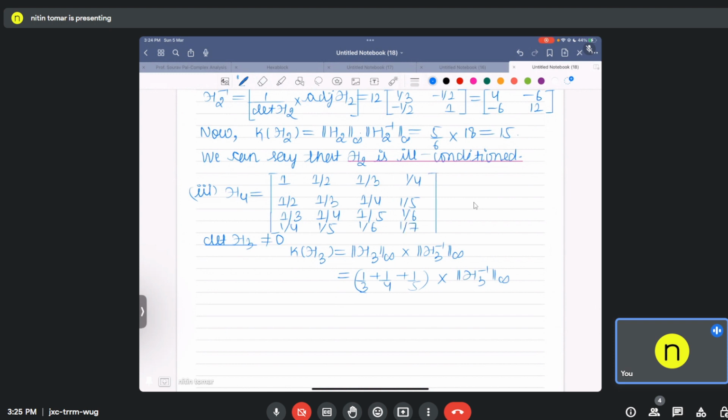Again you can find out that this will be an invertible matrix, and if you believe my computation, the condition number will be 25 by 12 into 136200, which is approximately equal to 28,000. So you see how bad this condition number is.